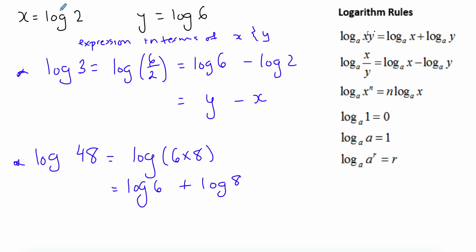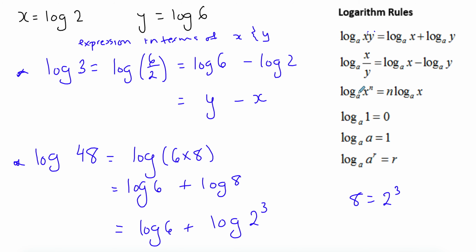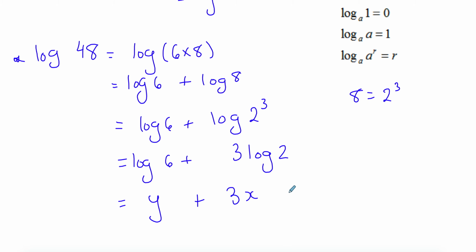Well, I still don't have anything with log of 2, but I know that 8 is basically 2 cubed. So log of 6 plus log of 2 cubed. And I need to use the third rule here, where the power in the log becomes a coefficient. So I have log of 6 plus 3 log of 2. Log of 6 is just my y, and log of 2 is x, but I have a coefficient of 3, so 3x here.